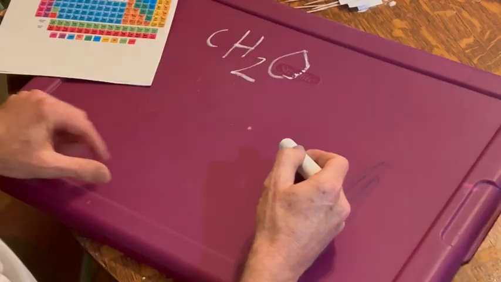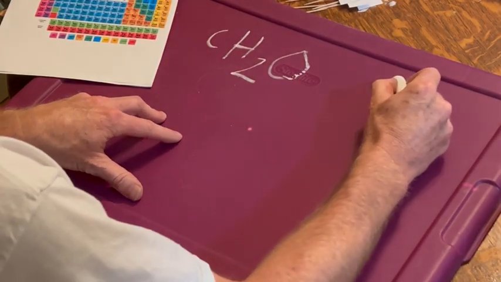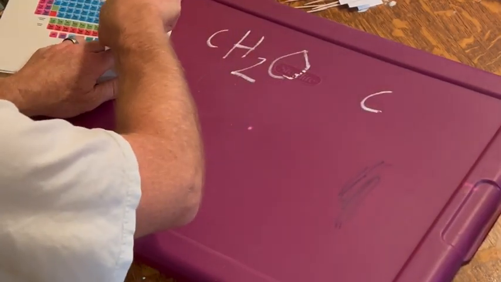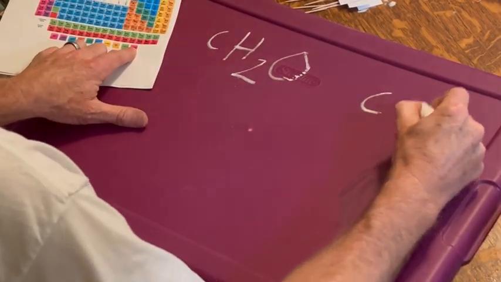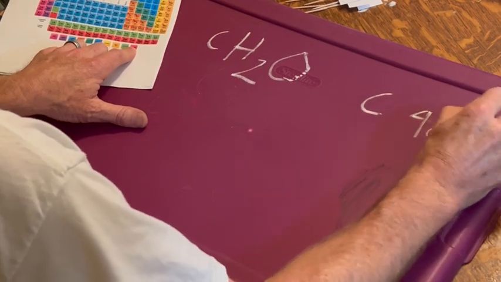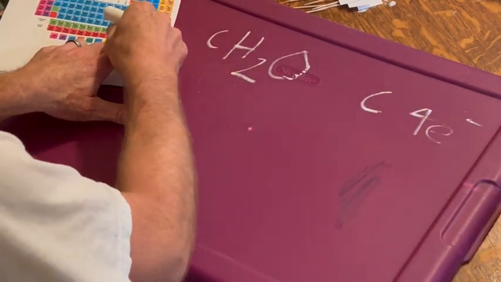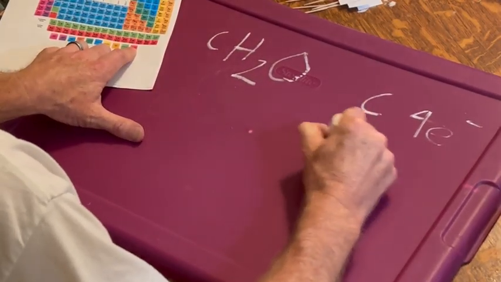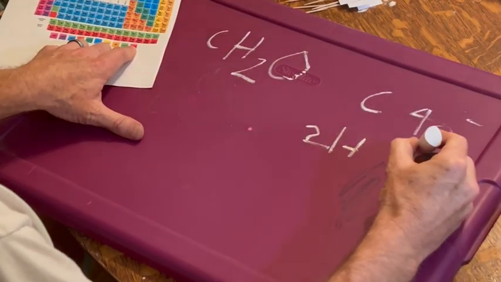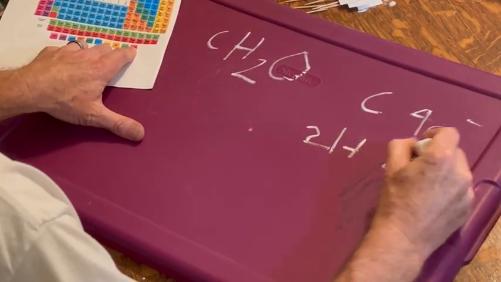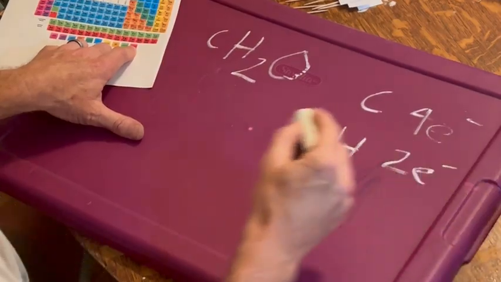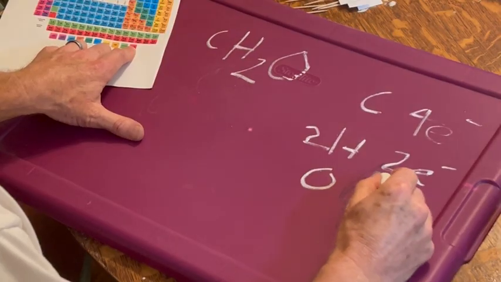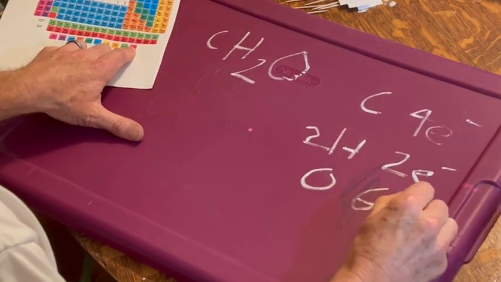Formaldehyde is made up of a carbon atom with 4 free electrons, two hydrogen atoms, with a total of 2 free electrons in the valence shell, and 1 oxygen atom with 6 electrons in its valence shell.